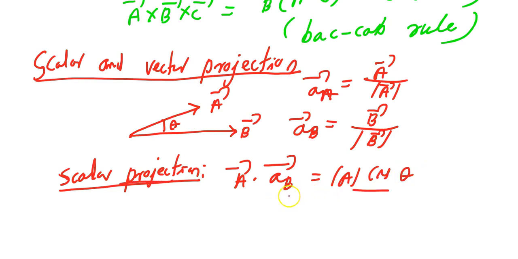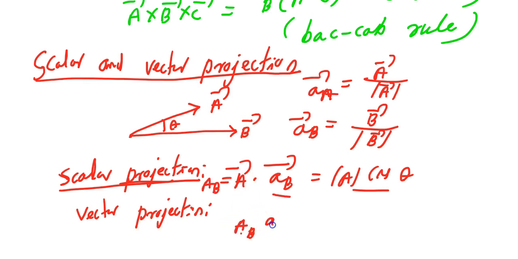So what will be the vector projection? Vector projection of A along B is the scalar projection into the unit vector along B. That is magnitude of A cos theta into aB.